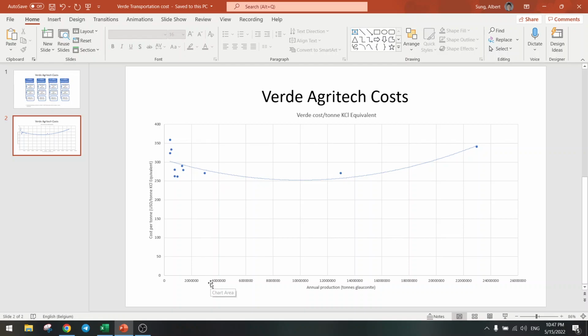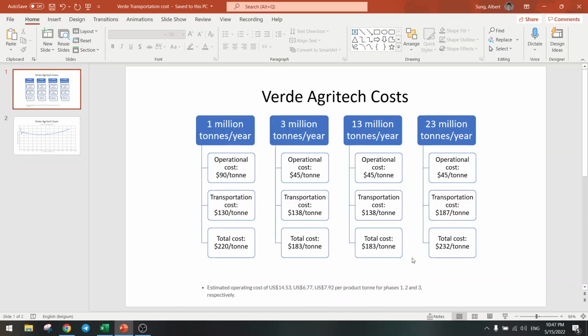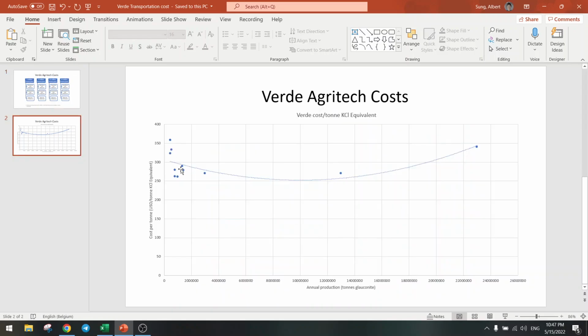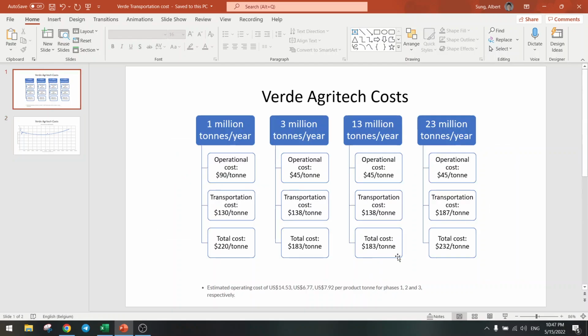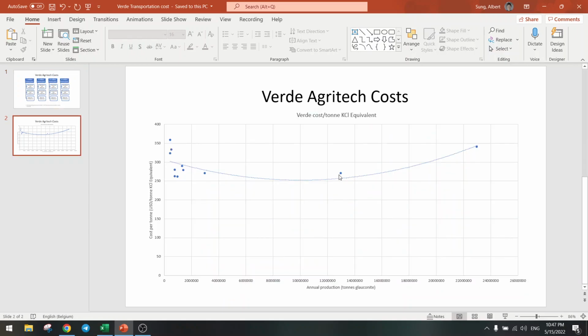Then, as we increase production, it will probably hover around here because the costs are not changing. So it will be the same here until 13 million tons. And then it will start rising because we will have more transportation costs to the regions that are more distant to the mines.